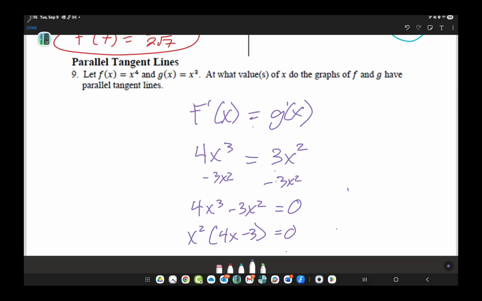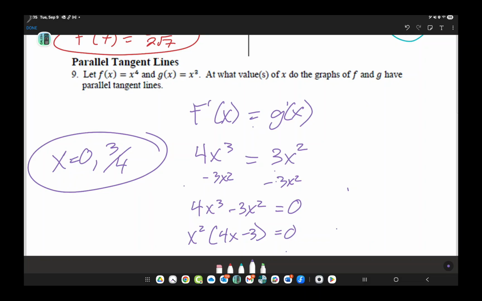And there's two values for x. x equals 0 and 3/4. So those are the two values where the derivatives will be equal, which means they will have parallel tangent lines. That is it for the first of the three to go. Fortunately enough, these are pretty easy.